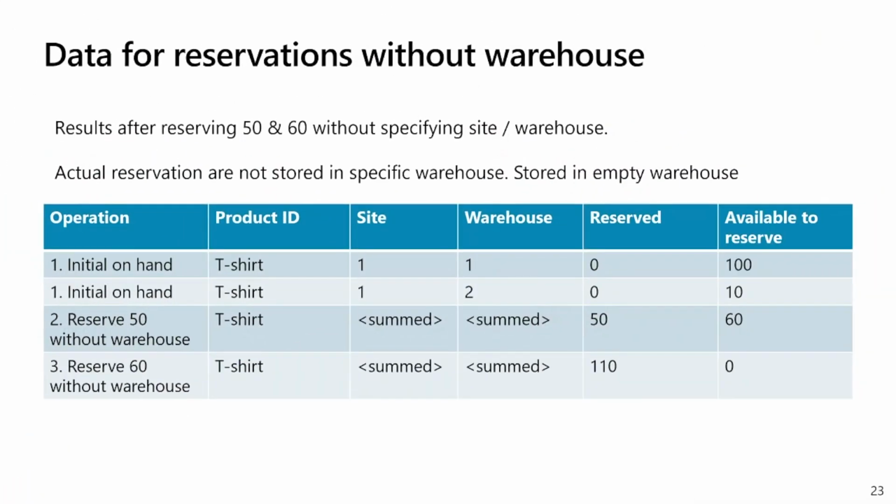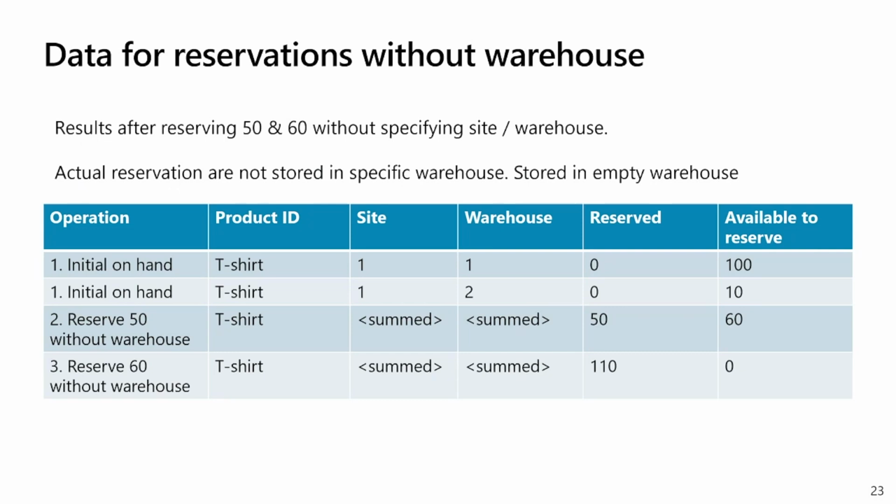And here is the process after reserving the two orders of 50 and 60 respectively without specifying site and warehouse. We begin with the on-hand of two warehouses, warehouse 1 with 100 and warehouse 2 with 10. In the second step, we reserve 50 without warehouse. So the summed result will be 50 reserved and 60 available.